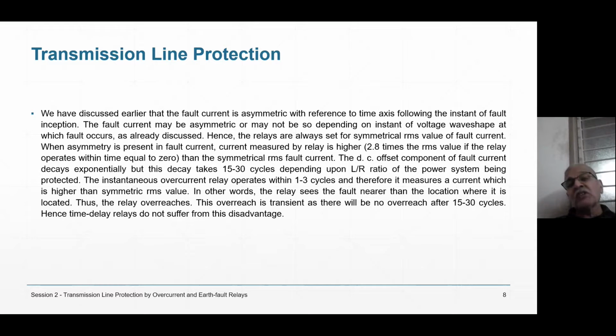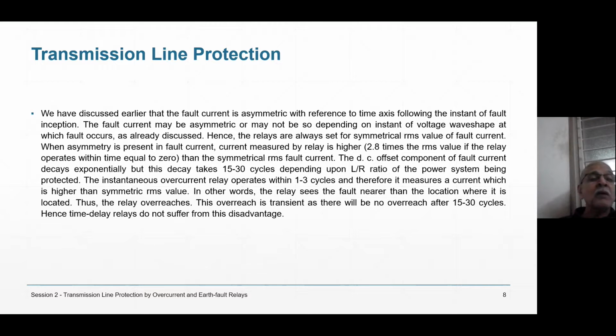Now, whether you will set the relay for asymmetric current or symmetric current, that is also a problem, because current is not always asymmetric. Current is asymmetric if the fault occurs when voltage is passing through zero, but it is badly asymmetric. But if the fault occurs when voltage is passing through maximum, then there is no asymmetry at all. Current is fully symmetric.